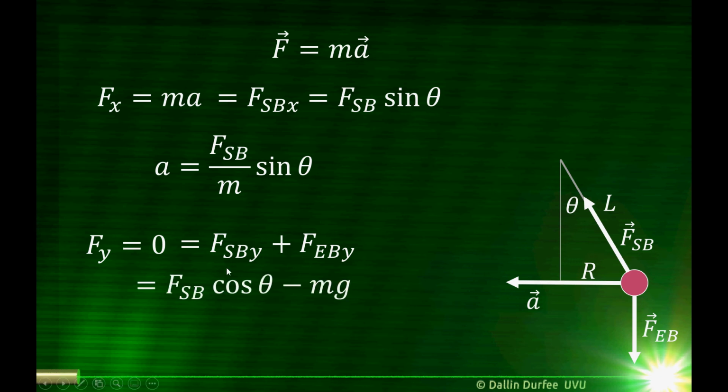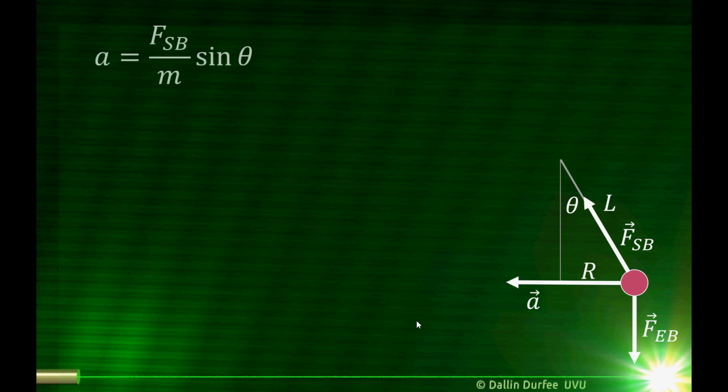The y component of the force of the string on the ball is just the force of the string on the ball times cosine of theta, and the force due to gravity is just negative mg. It's mg in the negative y direction. So we can solve this, and now I know what the force of the string on the ball is because its y component is just big enough to cancel gravity such that there is no y component of acceleration.